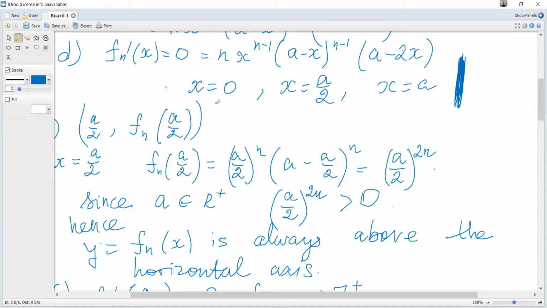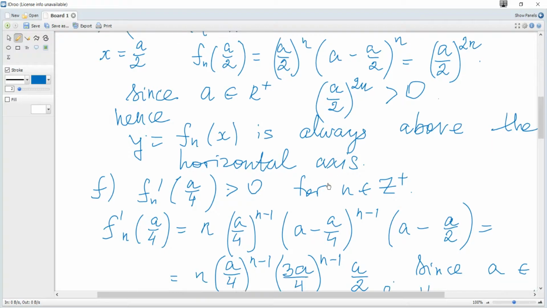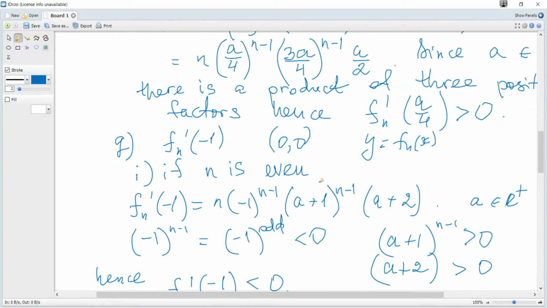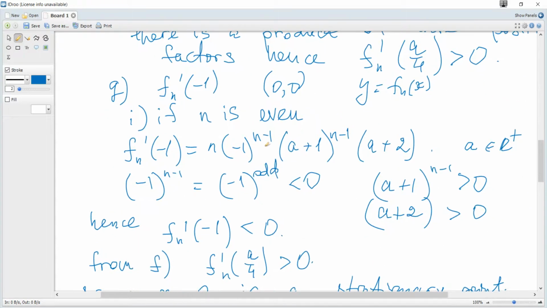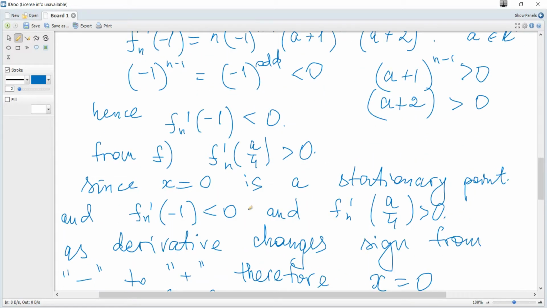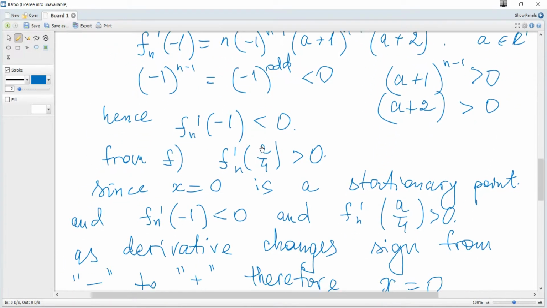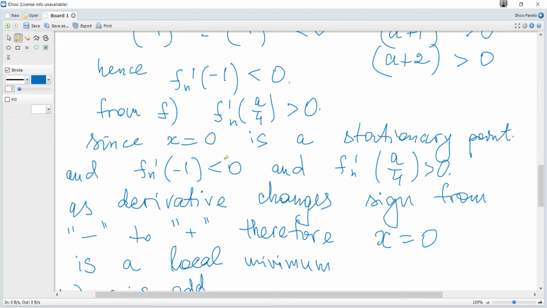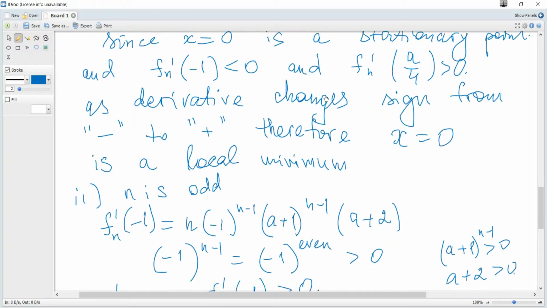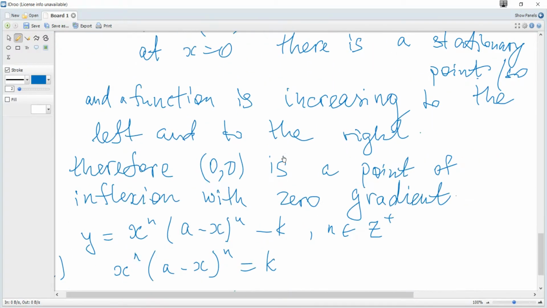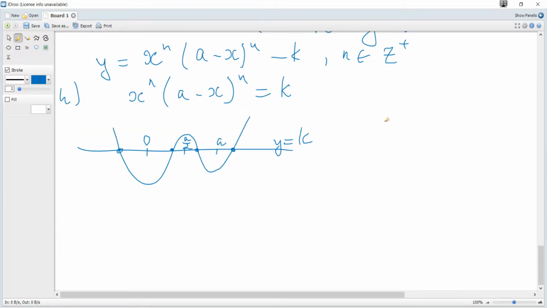And since we need at x is 0 at origin to be minimum, and from this question G, we can see that n must be even, so the derivative changes sign from negative to positive, hence at origin there will be minimum, so n is even.